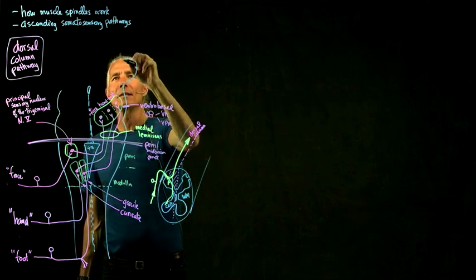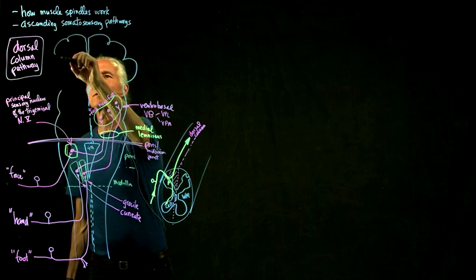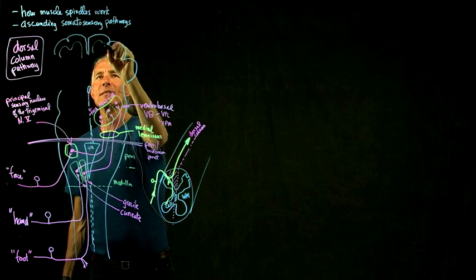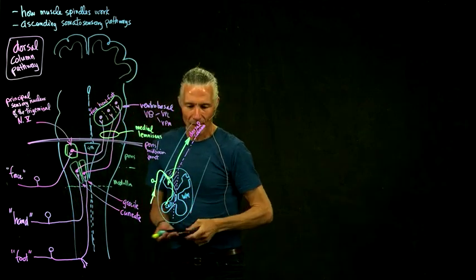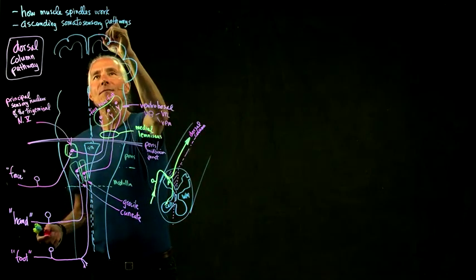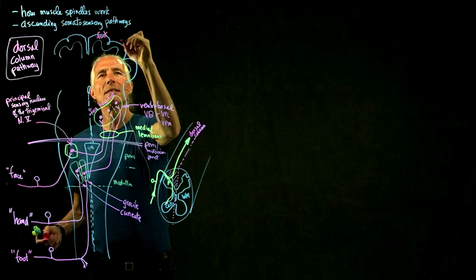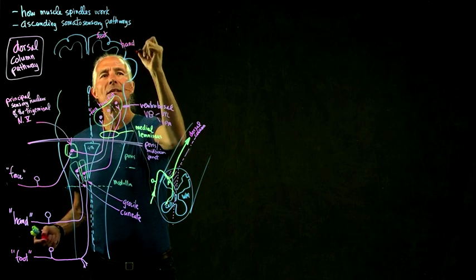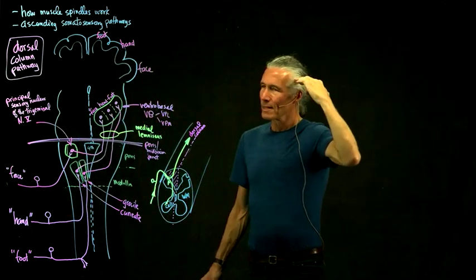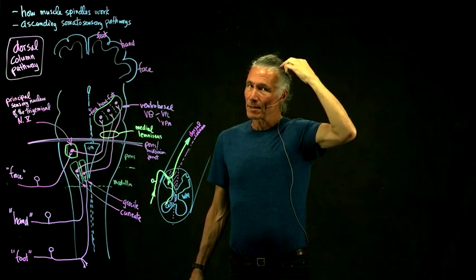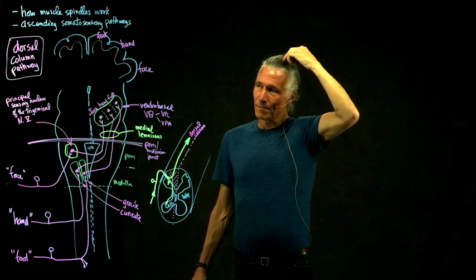Okay, so finally, we get up to the cortex, and you probably know in the cortex, so here's the cortex, and here's the other side of the cortex. You probably know in the cortex that the face is lateral again. So basically the foot is near the midline, and the hand is kind of in the middle, and the face is lateral. So the face is down about here, and this is about the hand here, and this is the foot, medial.